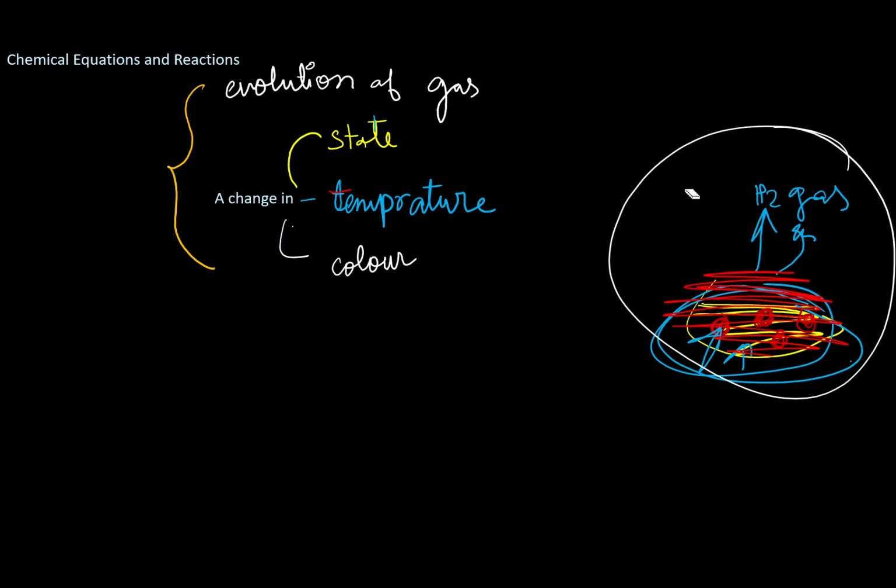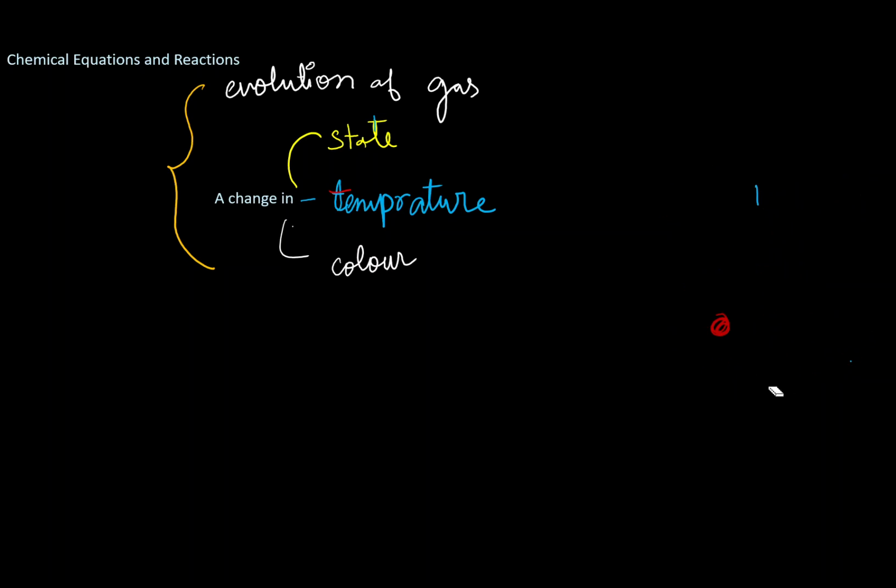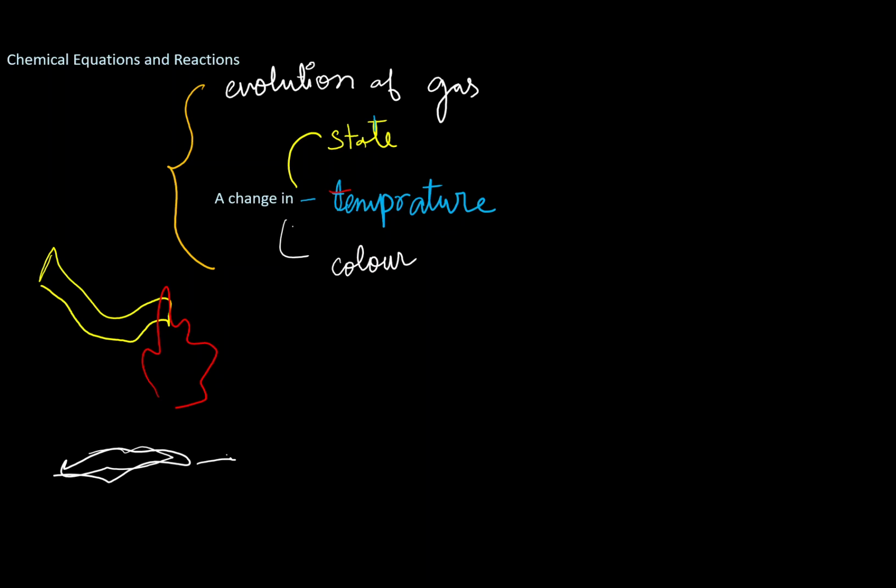Now, let us learn how to write chemical equations. If you remember, this has come in almost every year. There is this magnesium ribbon burning experiment, right? When we burn this magnesium ribbon, something is formed which is known as magnesium oxide.